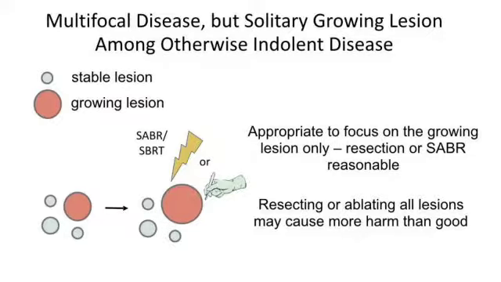But if only 1 is growing, you can basically treat that as an oligometastatic or an early stage disease and ignore what's in the background because it's really not behaving like a threat. And you can use the approaches of surgery or radiation or whatever is best based on the pattern of disease that you see and the location of the disease and the person in front of you, whether they are a good candidate for surgery or radiation.